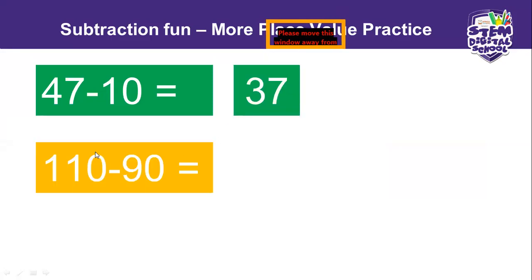And then 110 minus 90. How much do you get? 110 minus 90. Can I see in the chat box? Look at the sign. We are not adding, we are subtracting.